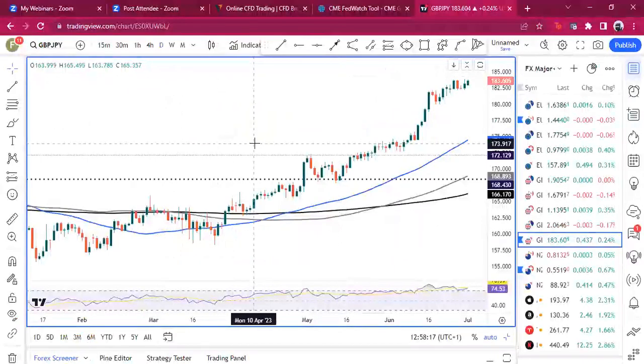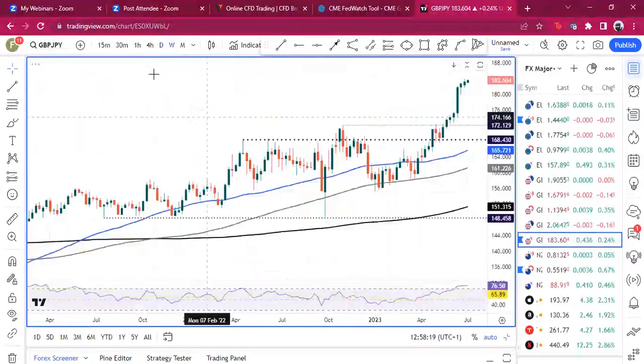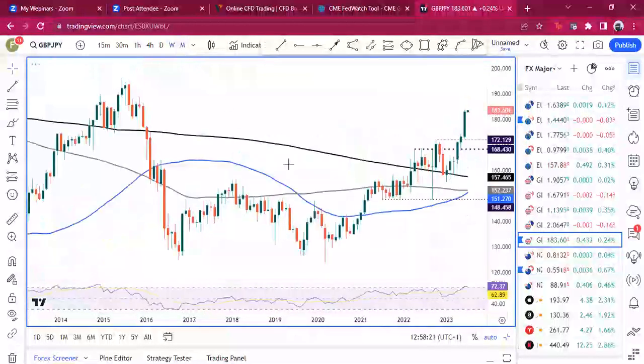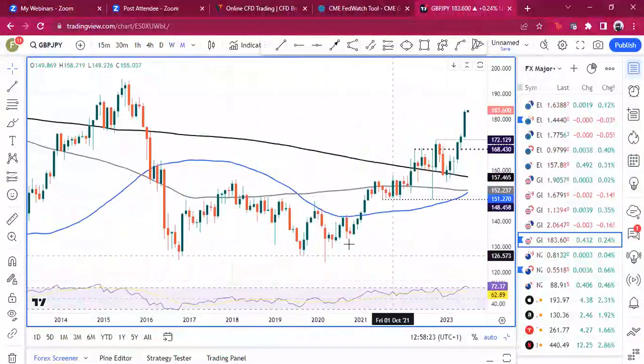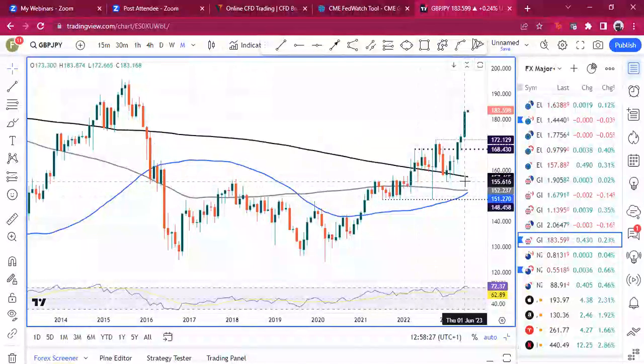So where do we go from here? Well, we probably have to dip out back to not even the weekly, but the monthly. You can see the time frame now. You can see this huge move last month as everybody really got on to the fact that the Bank of England might have to hike really seriously to contain inflation, of course.